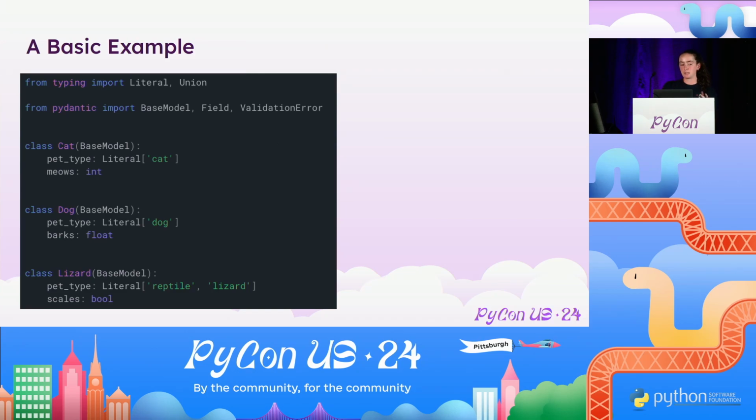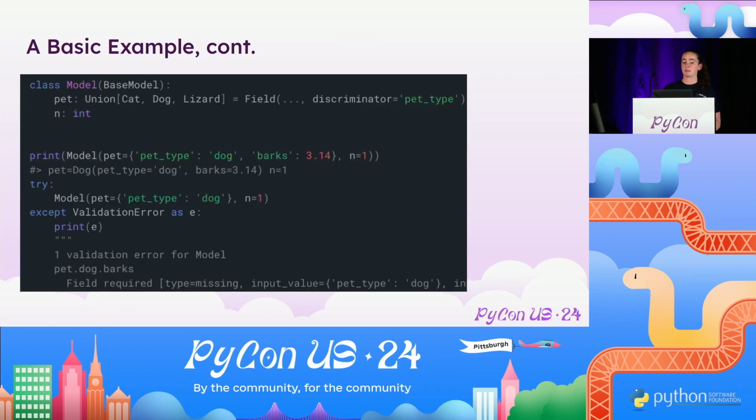And so we can use that pet type literal as the discriminator in this case. So if we build a model class that has a pet field that's a union type of cat, dog, and lizard, we specify the discriminator as that string pet type. And we're just using the Pydantic field constructor here to provide a little bit more information for that field.